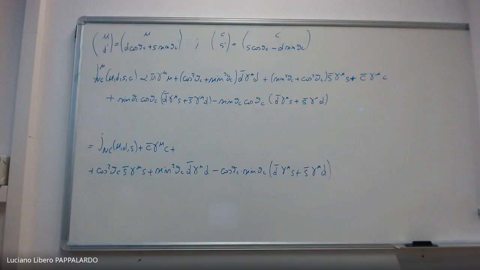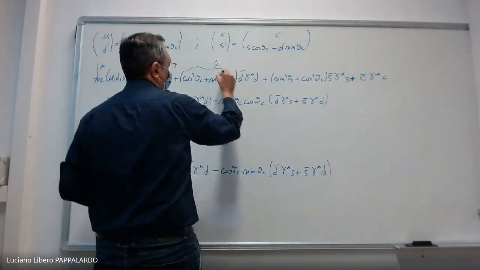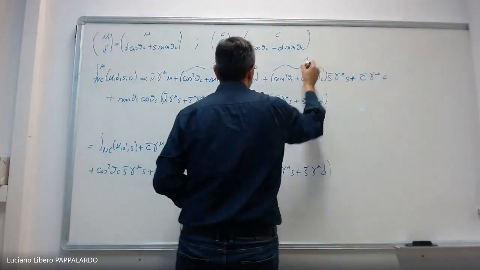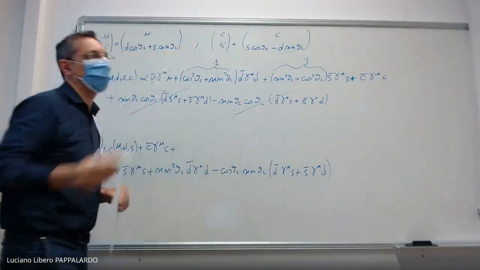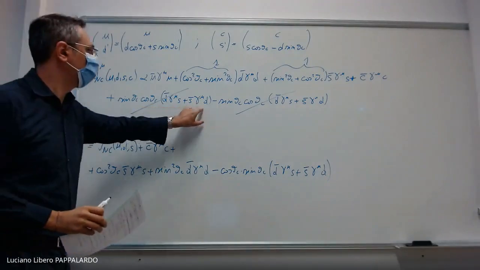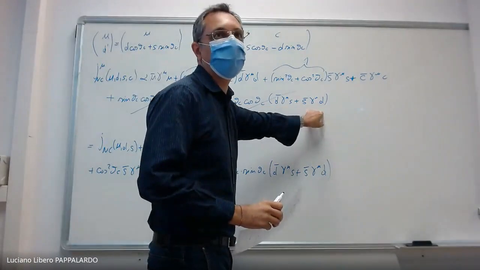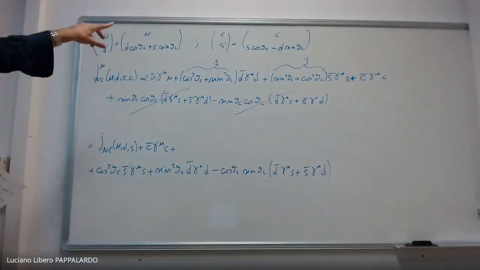And now you see the magic. So this is 1, this is 1, and those two, the nasty terms, cancel. These are those that correspond to a change of strangeness. So they disappear as soon as you allow for 2 quark doublets.